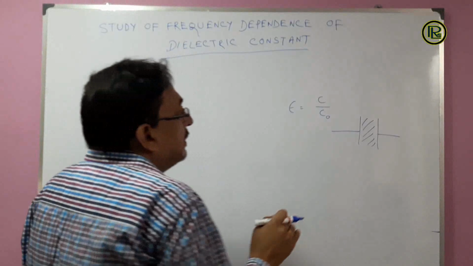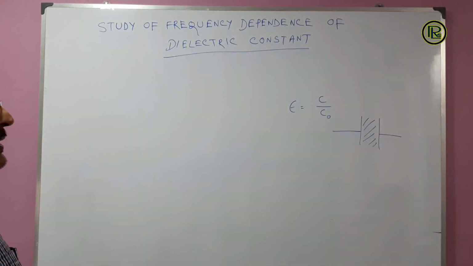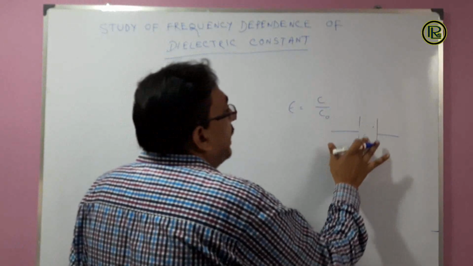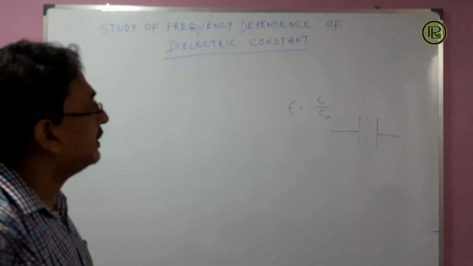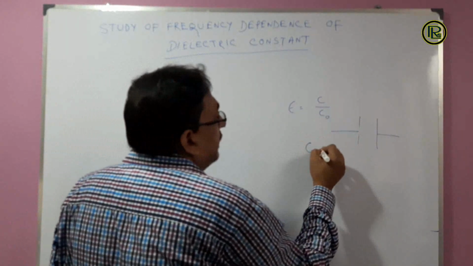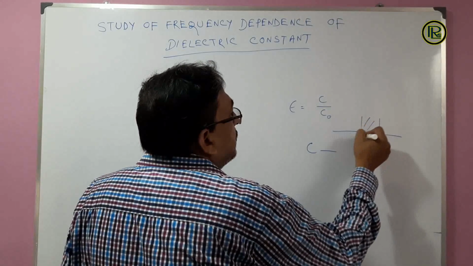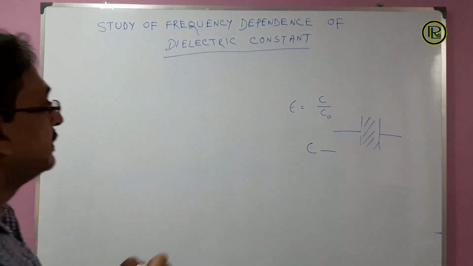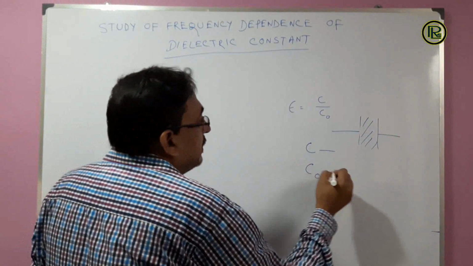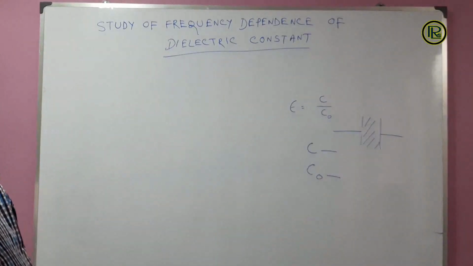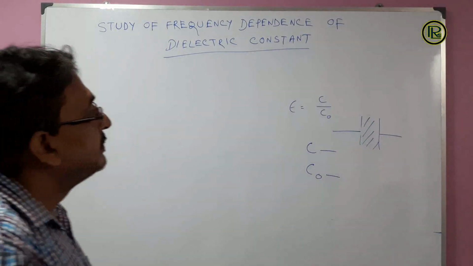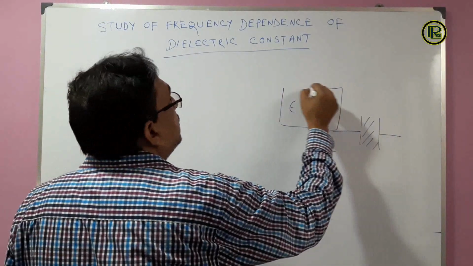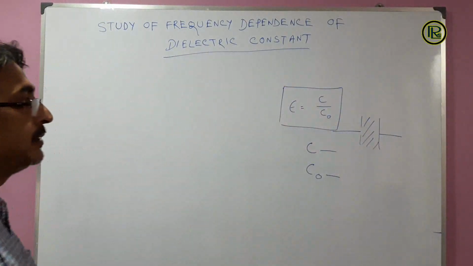C is the capacitance when the capacitor is filled with the dielectric material we want to study, and C0 is the capacitance when it is filled with vacuum. So epsilon is the ratio of C by C naught.